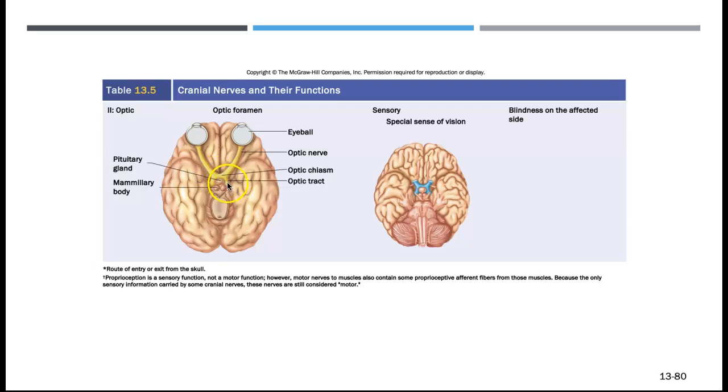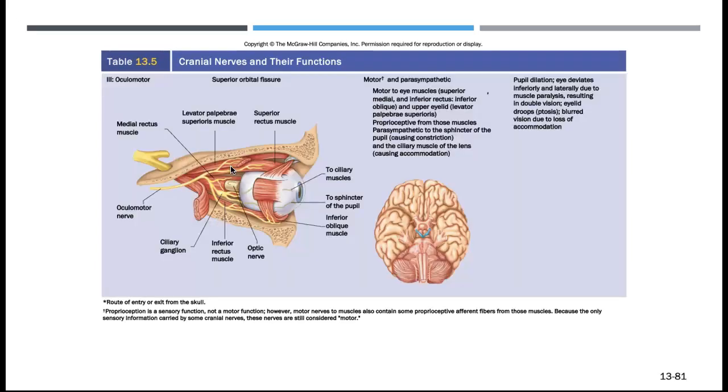Once we have that cross take place, we then have our optic tract. From the optic tract, we don't have this in here, but it'll go over to the thalamus and then send that information to our occipital lobe. So this is for our sensation of vision, and if we have optic nerve damage, it can cause blindness on the affected side.